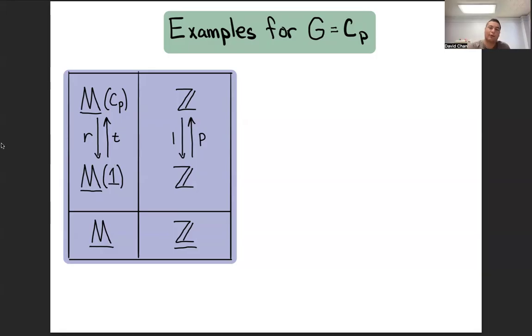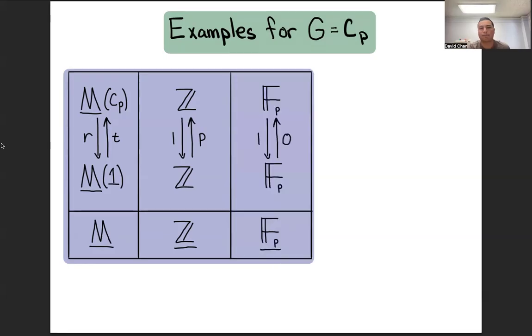The first example I want to write down is this Z underline example, where I just take a Z at every level. The restriction map is the identity, so multiplication by 1, and the transfer map is multiplication by p, where that's the same p as in the group C_p. Here, the action of C_p is trivial on the integers. The action will be trivial in all the examples that I write here.